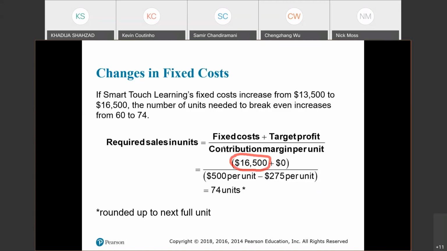We know higher fixed costs increase the total contribution margin required to break even. And in this case, the required sales in units increases from 60 units to 74 units.